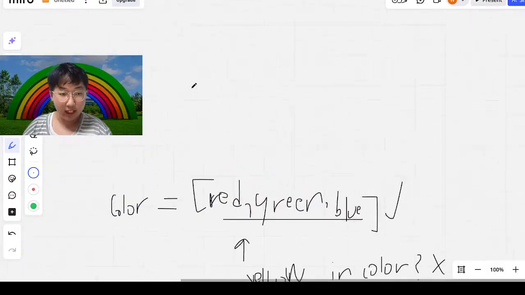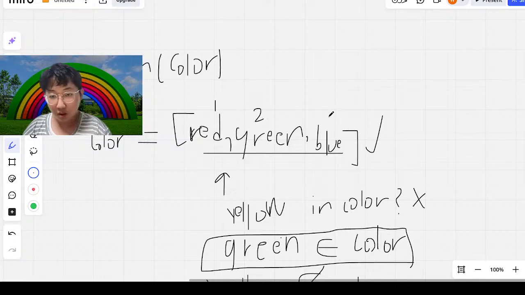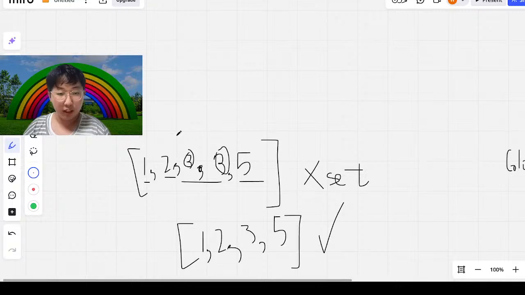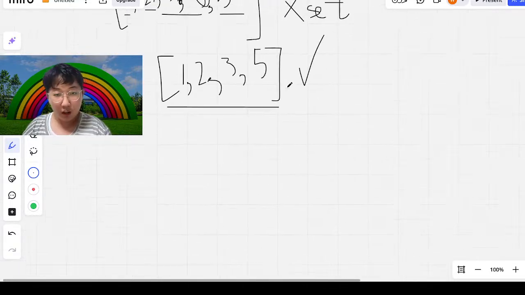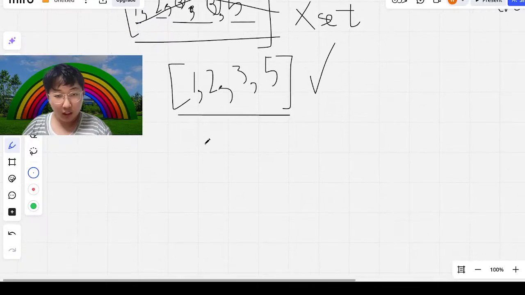Looking at this set of color again, the number of elements in color, we can count 1, 2, 3. So there are 3 colors in the set color. Let's take a different example. This is a set, while the earlier list was not, so we will look at this one.